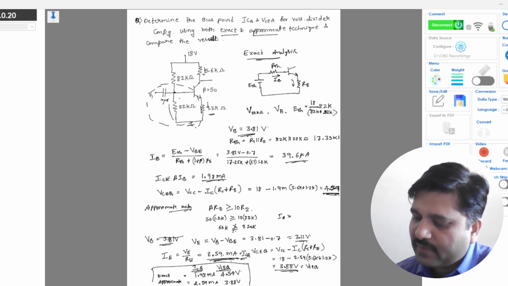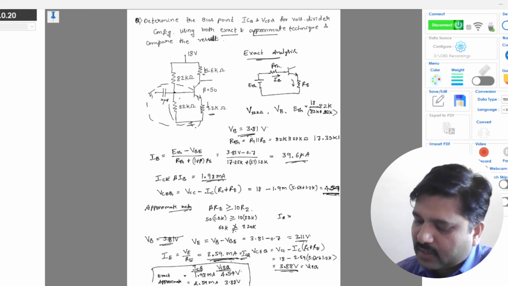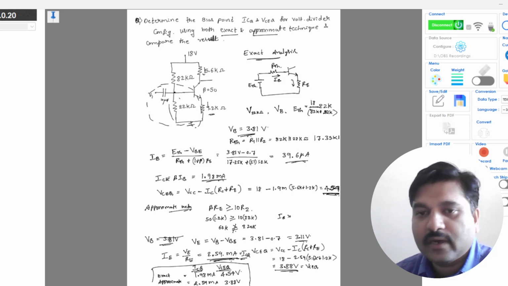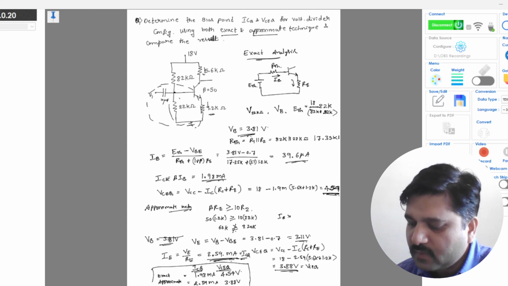Here you see the value of ICQ is increased by almost 30% in the approximate method compared to the exact analysis, whereas VCEQ, 3.88, is decreased by around 10%, right?